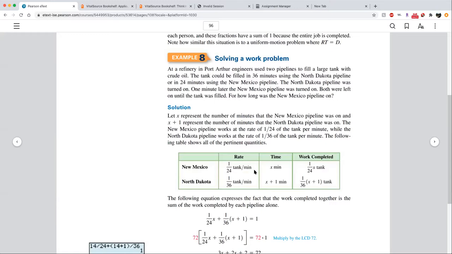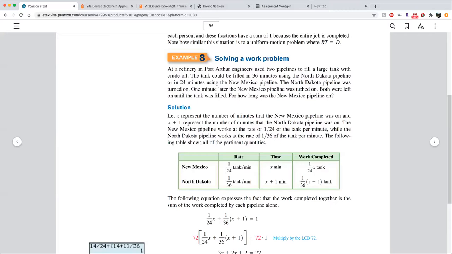And then we set x as the time for the New Mexico pipeline to complete the work. Here's another thing. The North Dakota pipeline was turned on first, and then 1 minute later, the New Mexico pipeline was turned on.